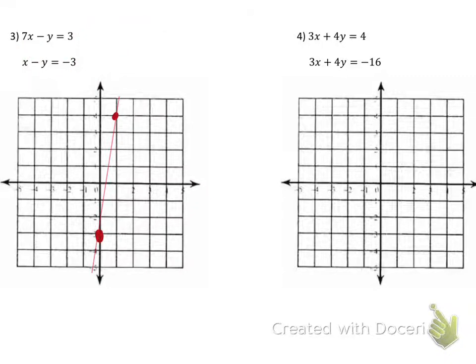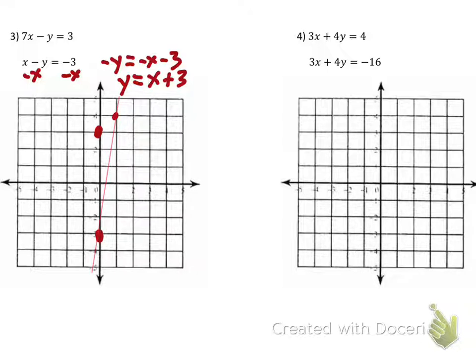For the second one, I would just minus x on each side. I get negative y is equal to negative x minus 3. And then I'm going to divide by negative 1, so y is equal to x plus 3. So my starting point is 0, 3. And then my slope is just 1 over 1.